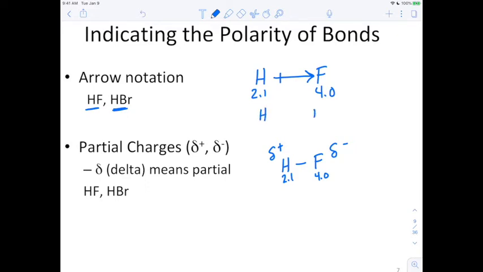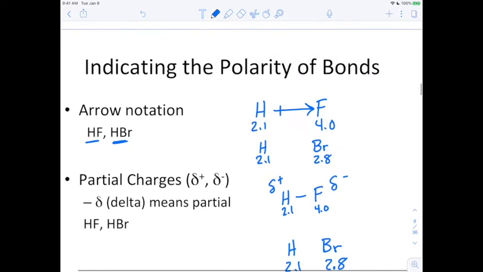So you're dealing with hydrogen and bromine, 2.1 and 2.8.